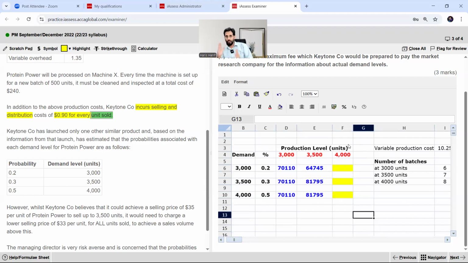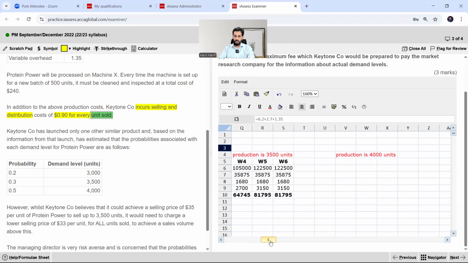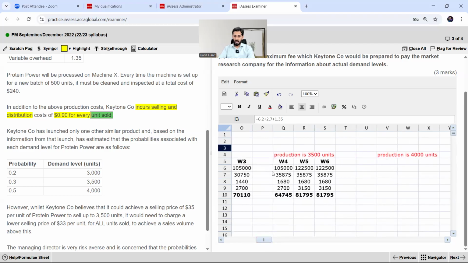You have to produce 4,000 units in all these three circumstances, right? And the cost of production is 10.25. So first of all, without wasting any time, I'm writing here cost 4,000 multiplied by 10.25. So it would be the same in all these areas.